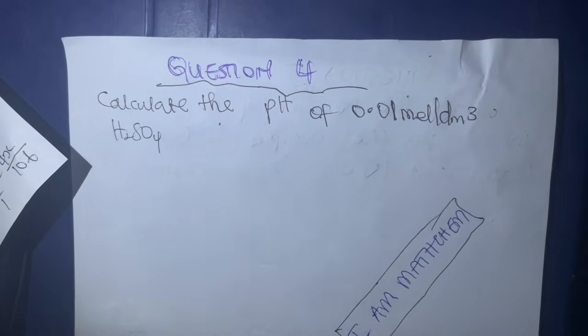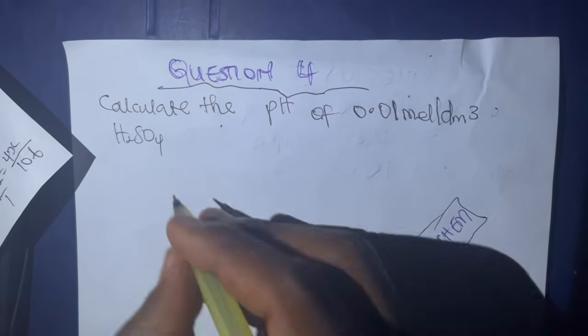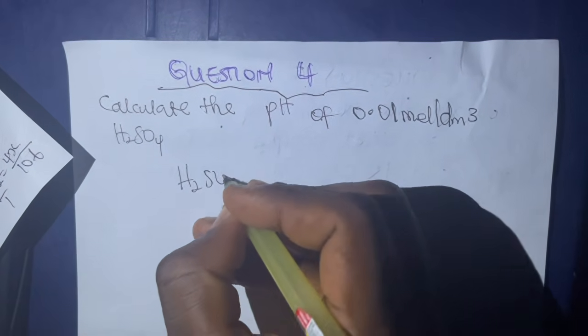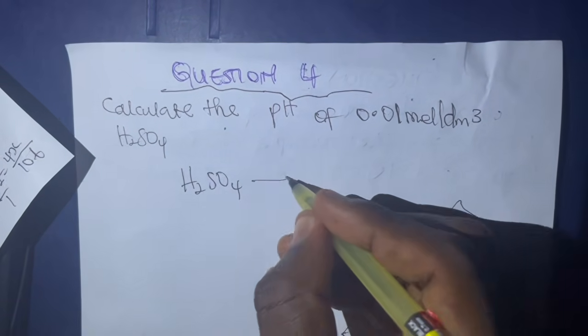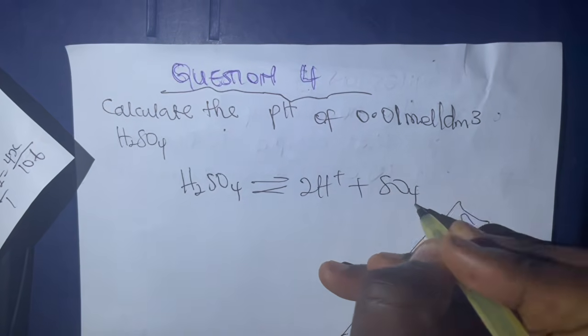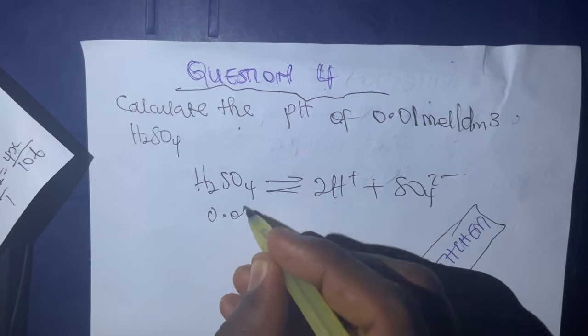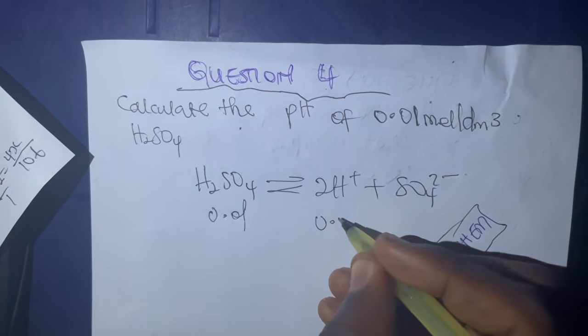Now let's move to question number 4. Question number 4 says we should calculate the pH of this solution. For you to do this, you have to dissociate the H2SO4. That will be 2H+ with SO4 2-. The whole we have is 0.01 molarity.